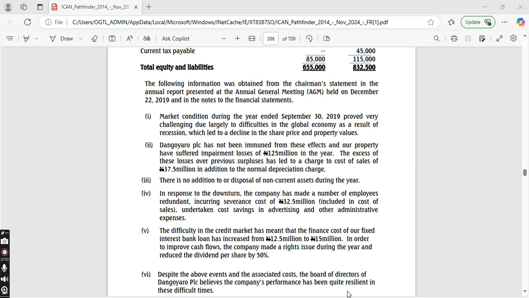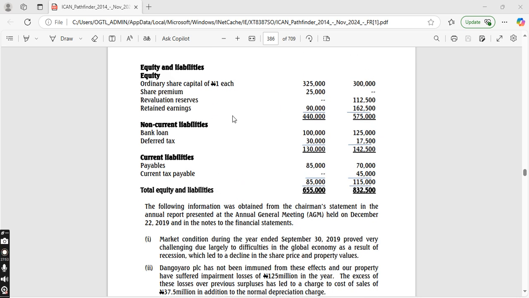Now, there was a surplus last year, all right? If our asset is suffering from impairment, it means the fair value model has been used. That's why we have it in our revaluation reserve, which is 112,500. That is the surplus.